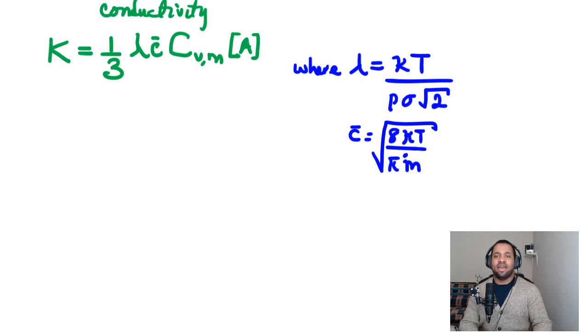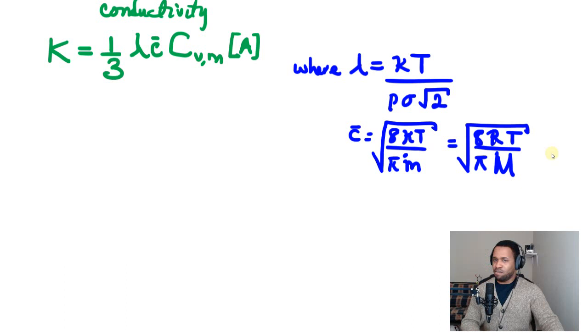On the other side, this is also equal to the square root of 8 multiplied by R, our gas constant, times T, temperature, divided by pi multiplied by the molar mass of our particle.